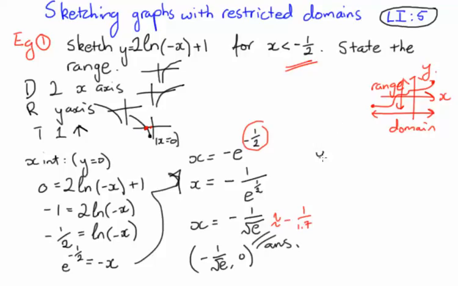So y equals 2 natural log, and we're subbing in negative a half into there. Negative a half plus 1 equals 2 natural log half plus 1.